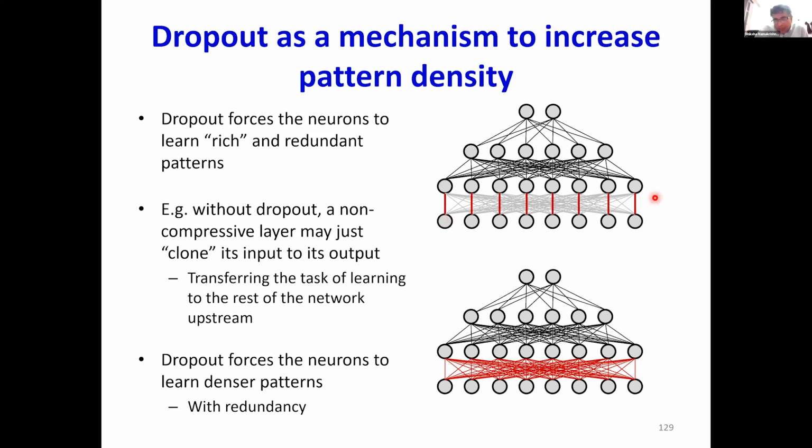For example, in this figure, this bottommost layer may simply copy the values from the input to the output by setting these weights to 1 and all the other weights to very low values, right? And so effectively you lost a layer because now the rest of the work is being done by the rest of the network. And that's a perfectly valid thing to do, but it's not something you would want. Is that clear that this can happen?